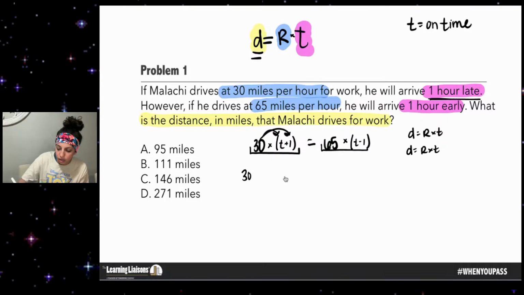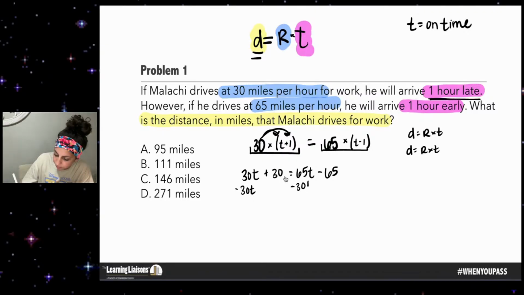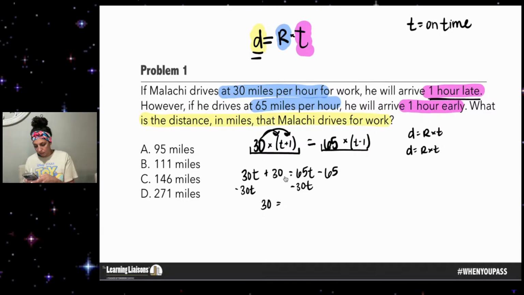So I have 30t plus 30, and I have 65t minus 65. And I'm going to solve this equation for t because that's all I have right now, right? So I'm going to subtract 30t from both sides. So 30 equals 65 minus 30. I am going to use my handy dandy calculator.